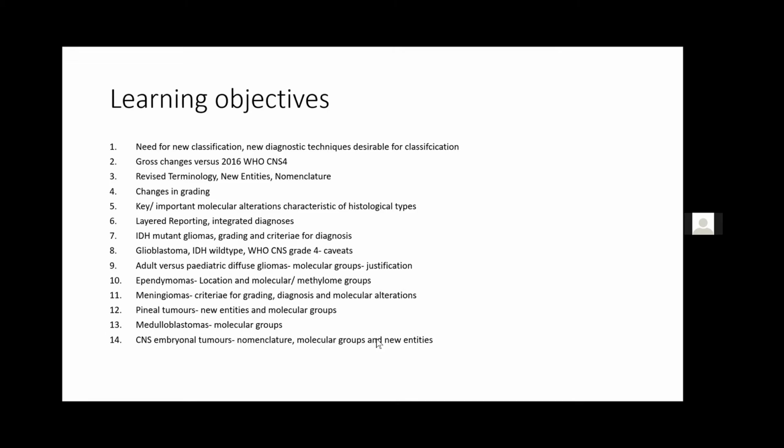A little bit about glioblastoma IDH wild type, the difference between adult versus pediatric diffuse gliomas, new changes in ependymoma classification incorporating molecular or methylome groups, meningiomas, any differences in their grading, diagnosis, and molecular alterations, new entities in minor tumors, medulloblastomas, and CNS embryonal tumors.